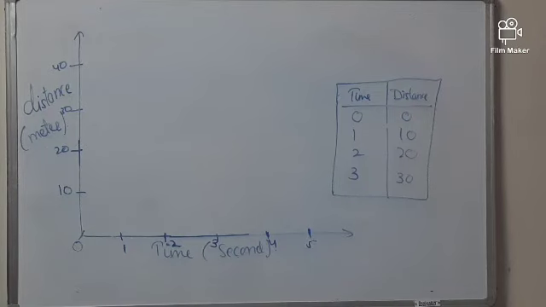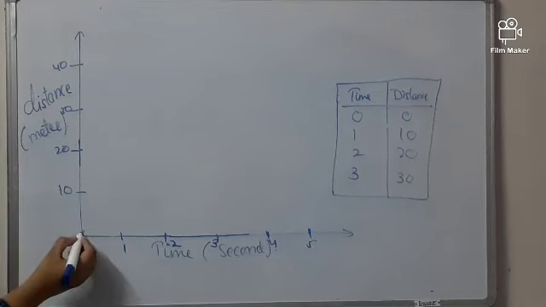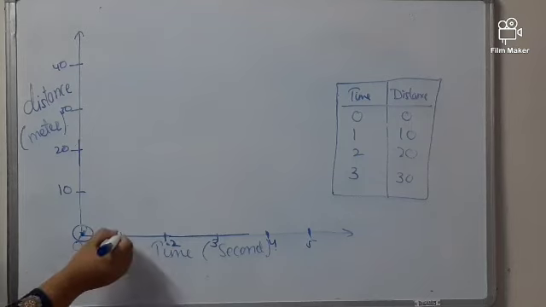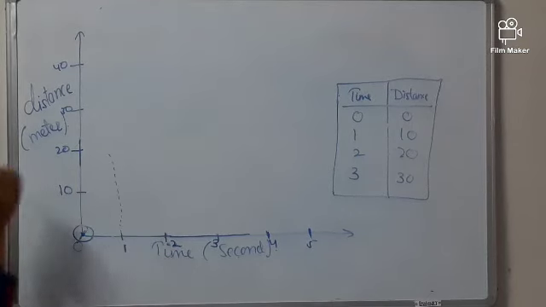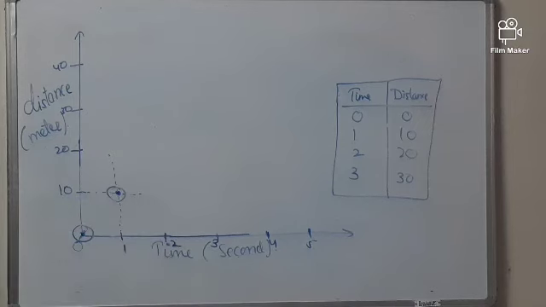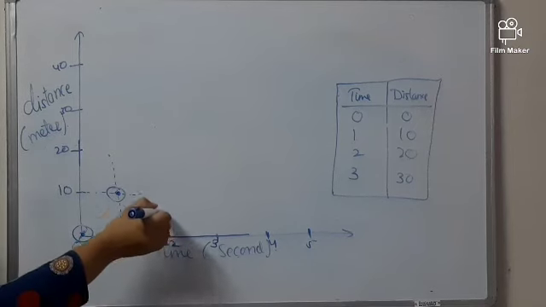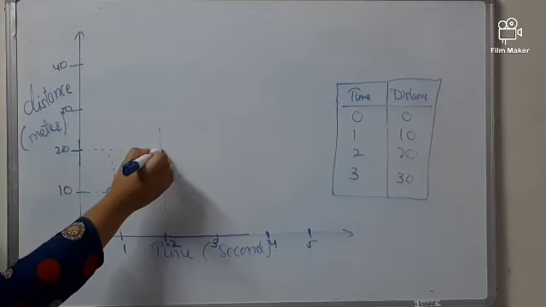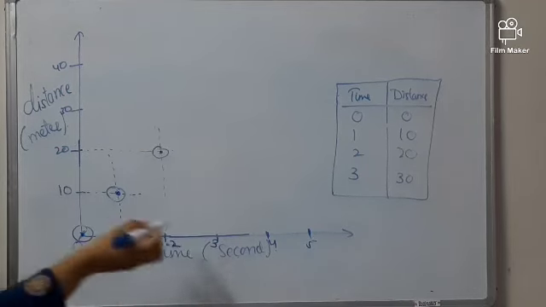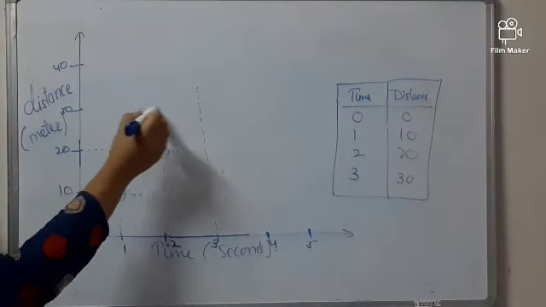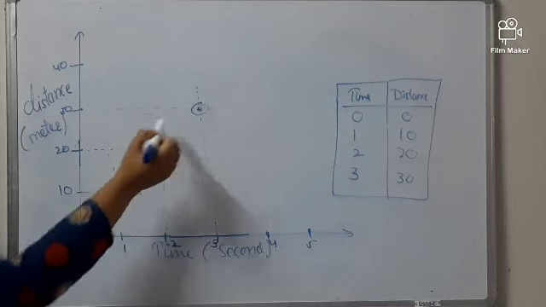Okay, now let's draw it. When the time is 0, the distance is also 0, so the point will be here. When the time is 1, let's draw a perpendicular from time. The distance is 10, so it will be here. When the time is 2, the distance is 20, so the dot will be here. We put a dot and circle to highlight. When the time is 3, the distance is 30, so the dot will be here.